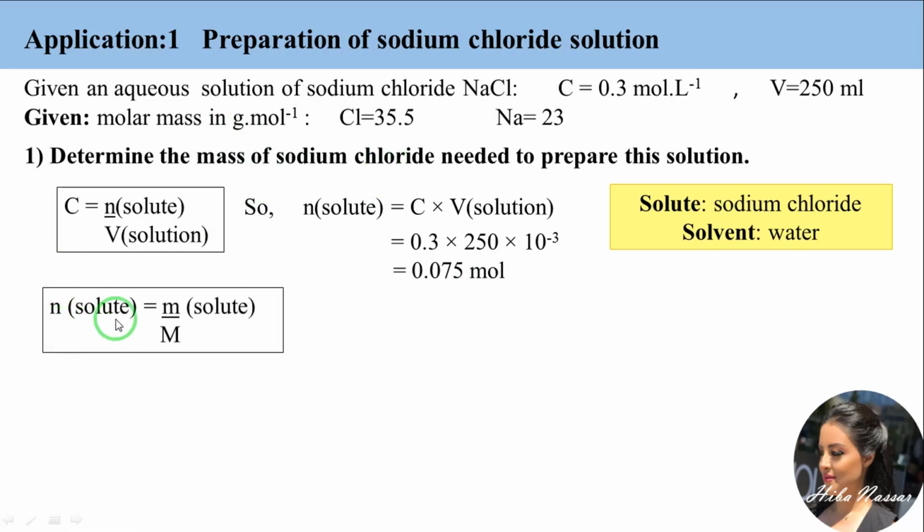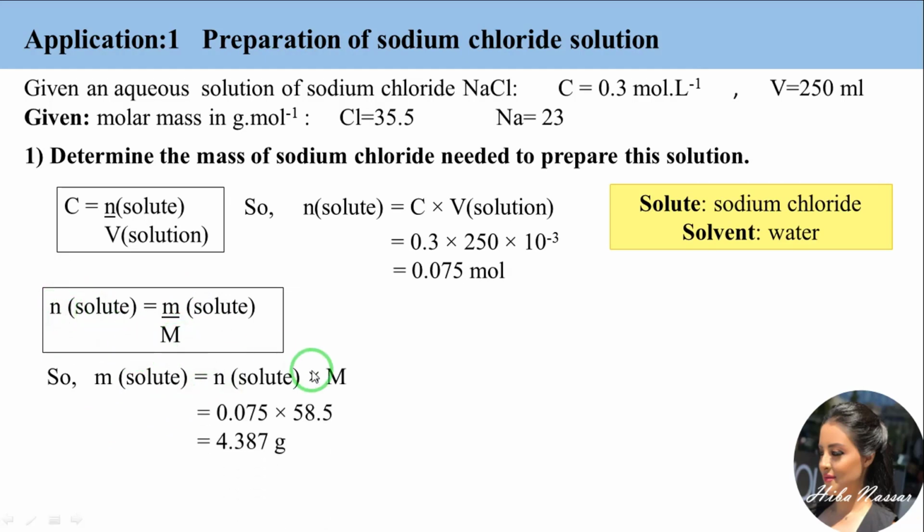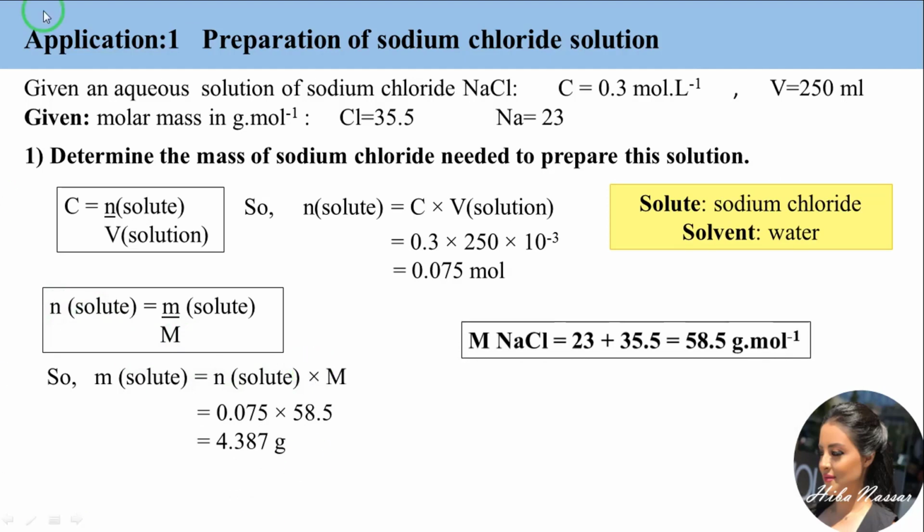The number of mole for solute is equal to the mass of this solute, sodium chloride, divided by the molar mass of the solute. So we can say that the mass of solute here is equal to the number of mole times the molar mass, which can be calculated in the following way.